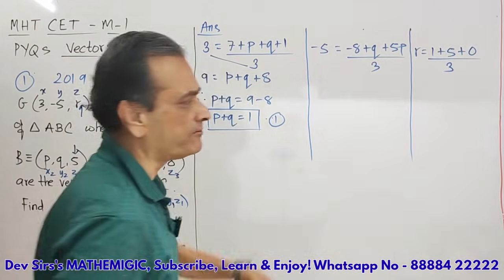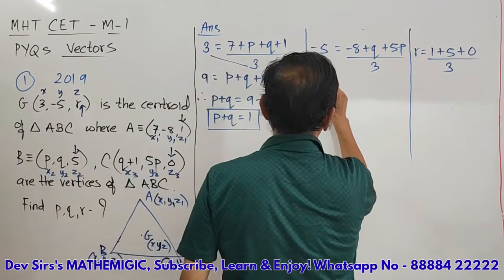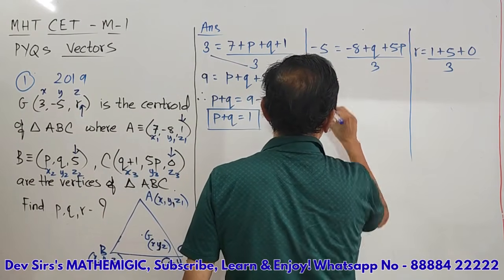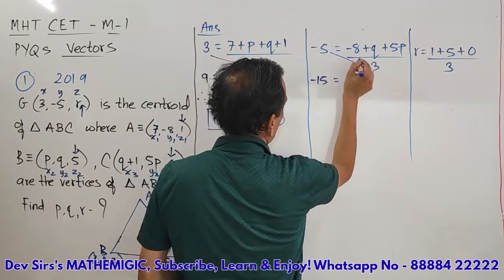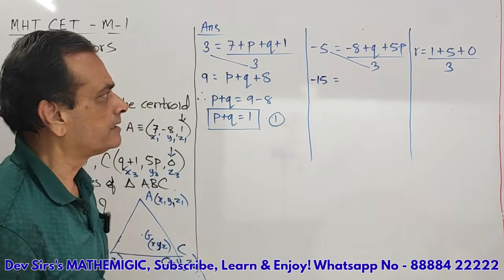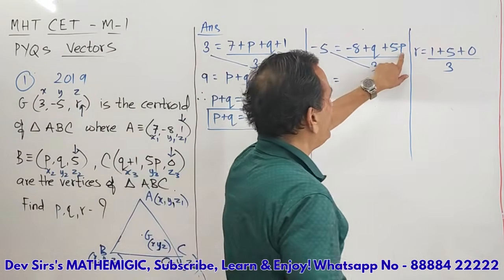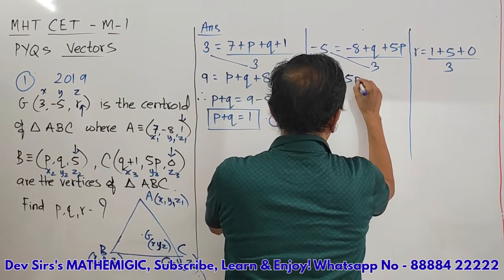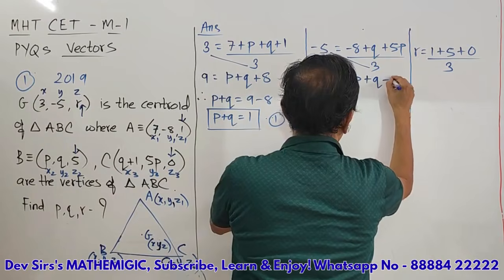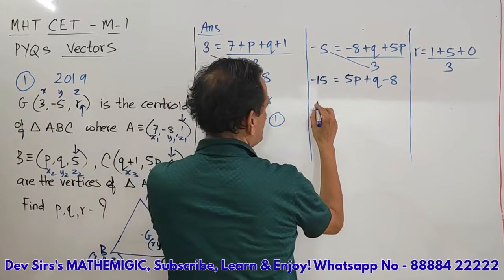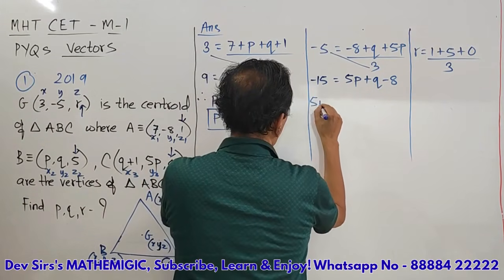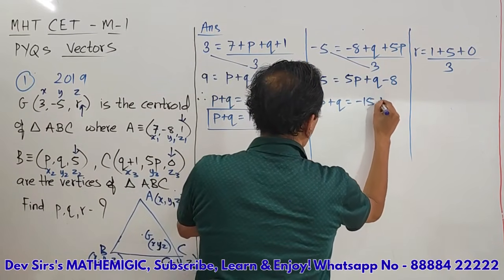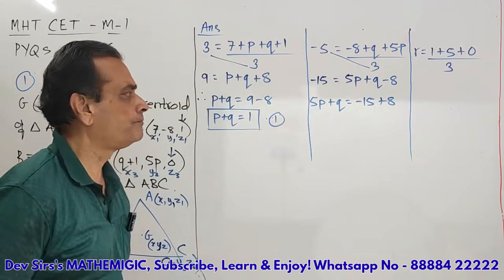Go to the second equation. Minus 5 into 3 is minus 15. Cross multiply: minus 15 is equal to 5P plus Q minus 8. Take minus 8 to the left hand side: minus 15 plus 8.